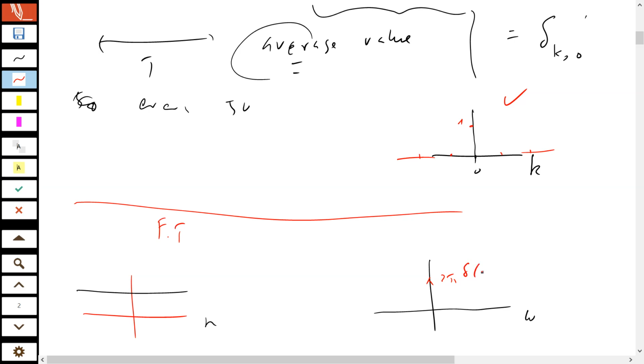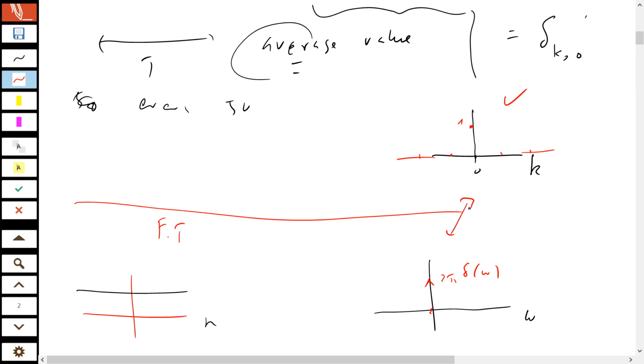Although we have this continuous time delta here with infinite amplitude and area 2 pi, here we have a finite value, but they are related. Can you tell me in which way they are related? So they're actually telling the same story, despite the fact that one is a finite quantity and the other is infinite.